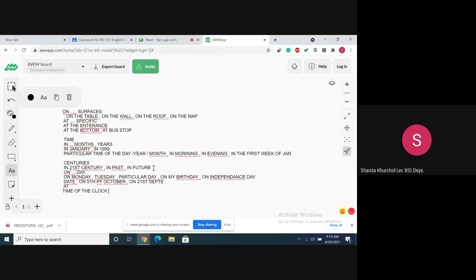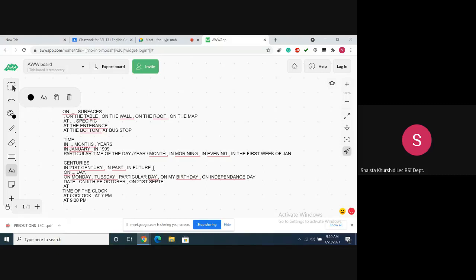The time of the clock is shown by the preposition at. For example, we can say at 5 o'clock, at 7 o'clock, or at 7 p.m. We can also say at 9:30 or 9:20 p.m.